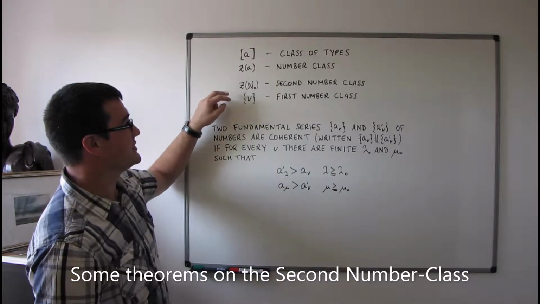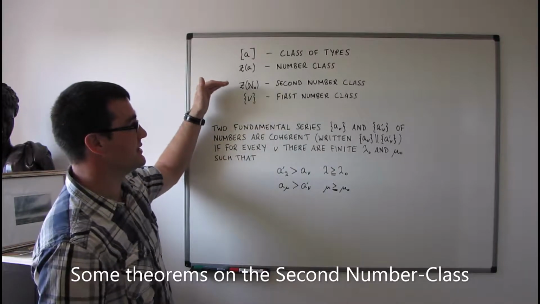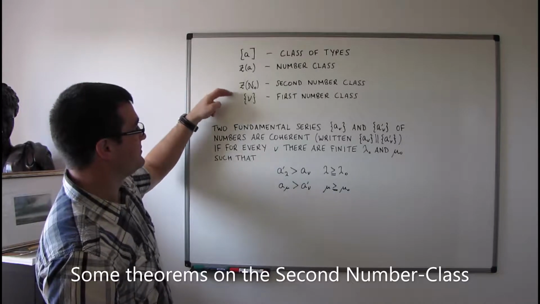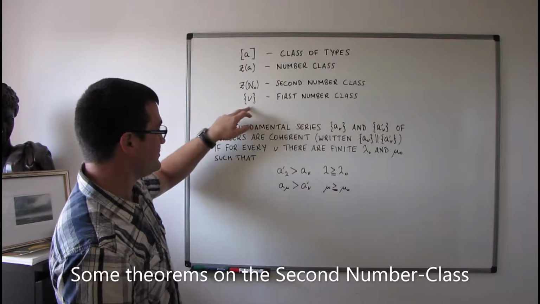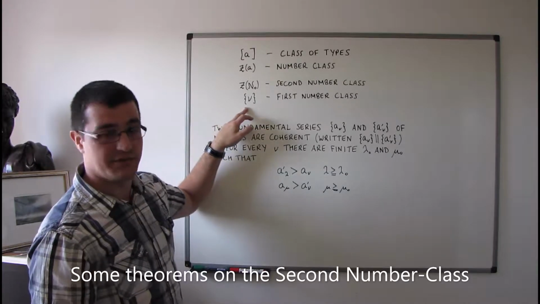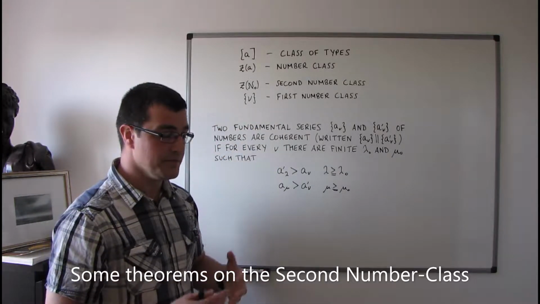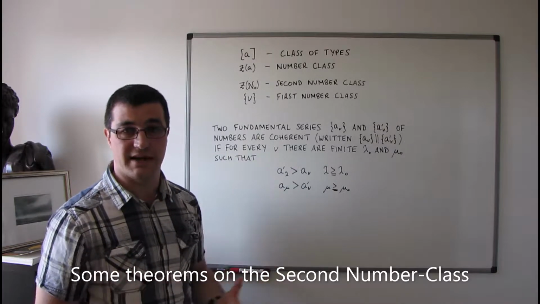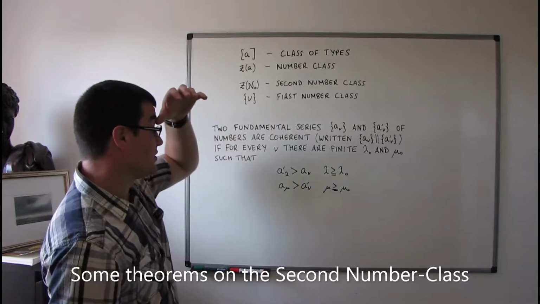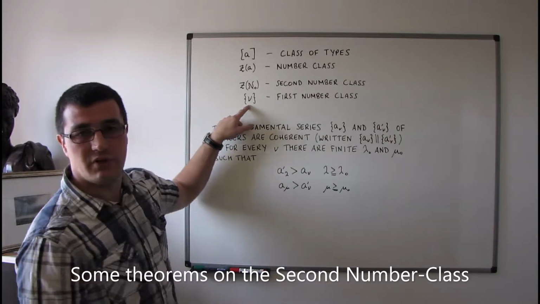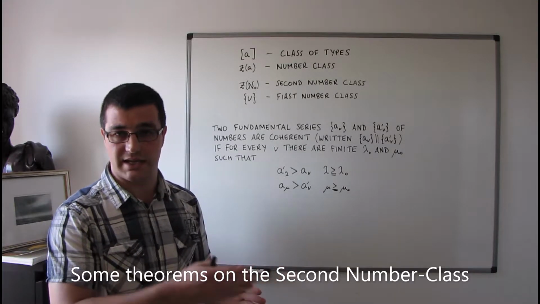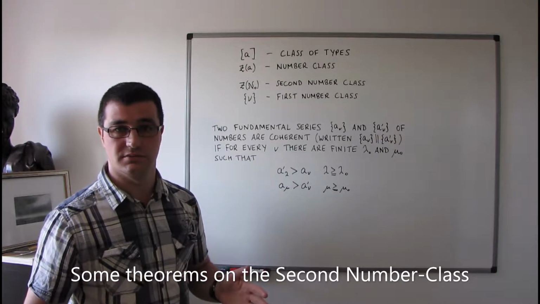Notice there is a slight difference between the first number class and the second and higher number classes. The elements of the first number class are united by their finiteness, the fact that they're all finite ordinal numbers. But they've all got different cardinal numbers, because each finite ordinal has its own cardinal.